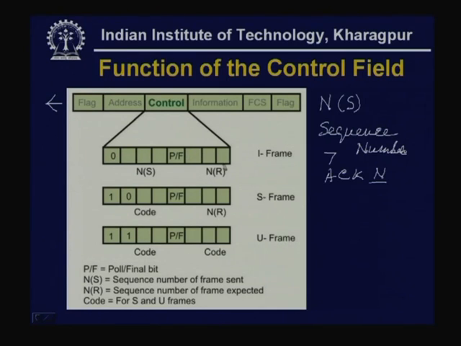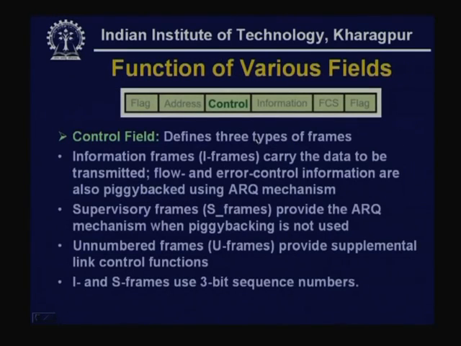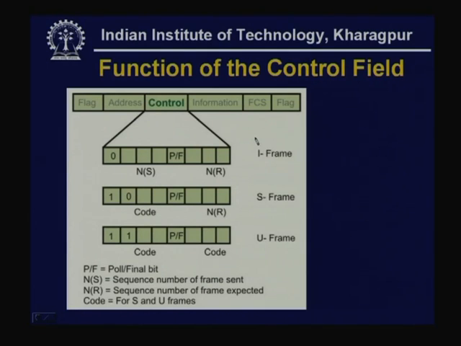So, you can provide ACK as well as reject and other frames as part of this. However, whenever there is no data to be sent by the secondary, then it can send one S frame.